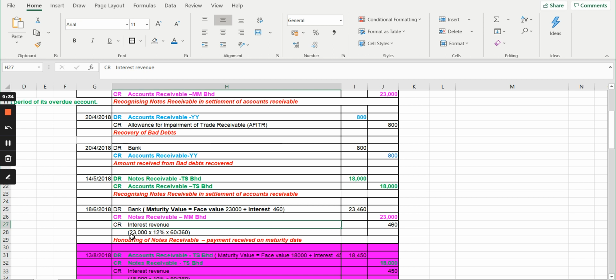To calculate the interest, you take the face value, 23,000, times the percentage interest rate, times 60, which is the term of the note, divided by 360. So you have 460. You take 460 plus the face value, and you get the maturity value. It's the amount that you have to collect from the customer, even though they owe you only 23,000.